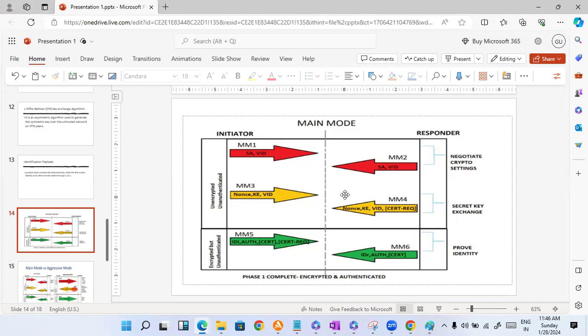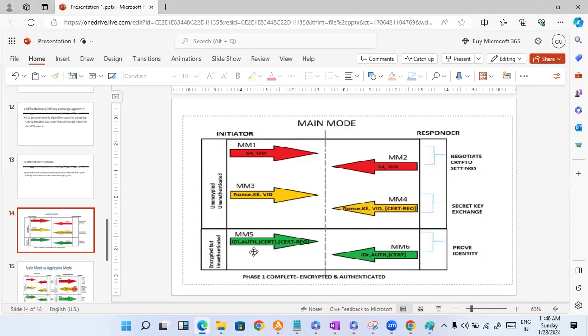In message three and message four they exchange the secret keys, meaning pre-shared keys, and public and private keys, to set up the communication. Once they share these, the exchange is encrypted but unauthenticated.